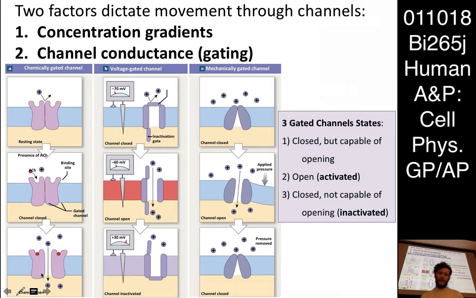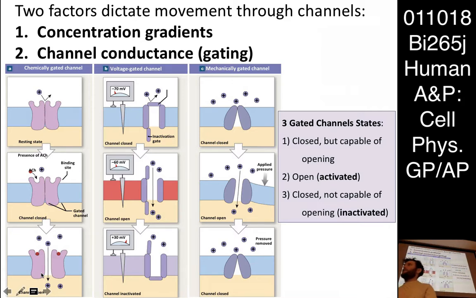So what are the things that dictate whether something is going to go through or not? Well, two things. First of all, what's the concentration gradient? Is there some kind of gradient? So imagine we had 200 people in the hall and we have all this room out here.